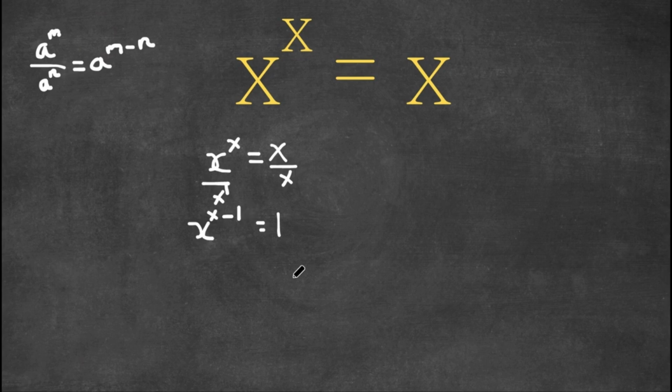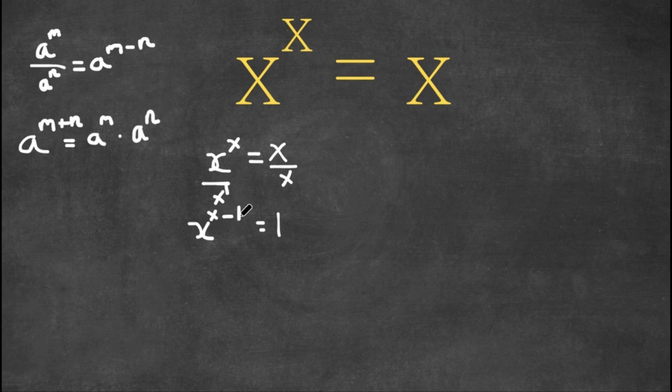So now we're going to rewrite this. Before I rewrite this, another important property of exponents is that if we have something in the form a to the power of m plus n, this is equal to a to the power of m times a to the power of n.